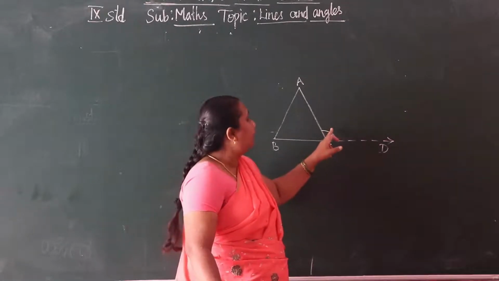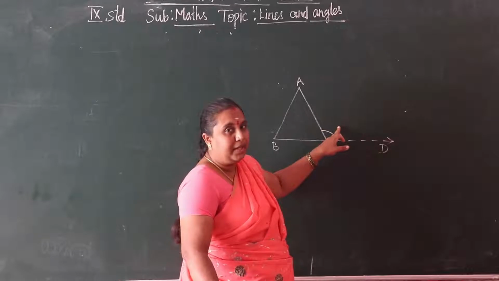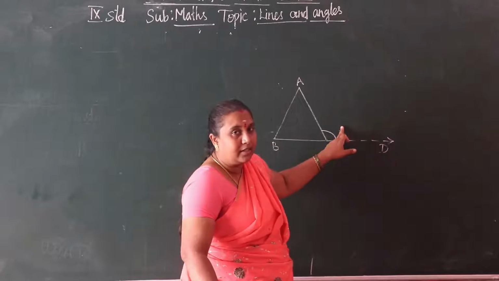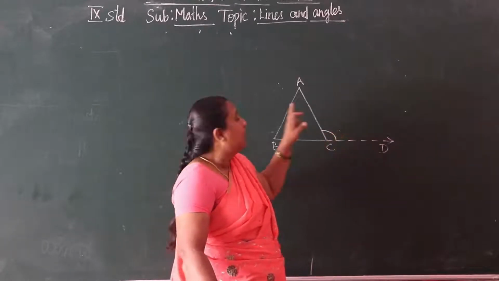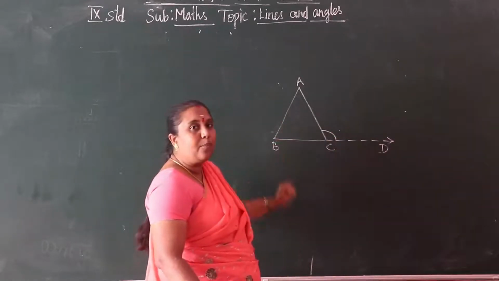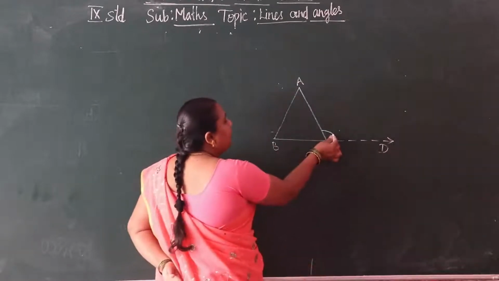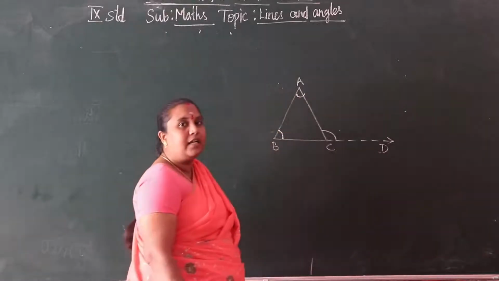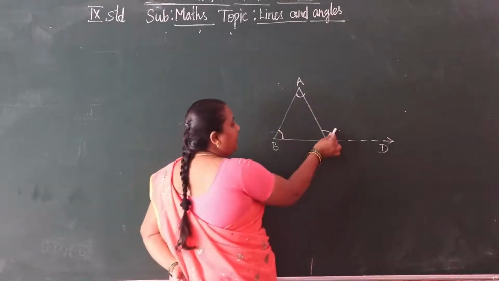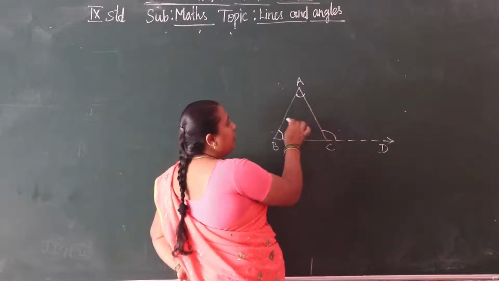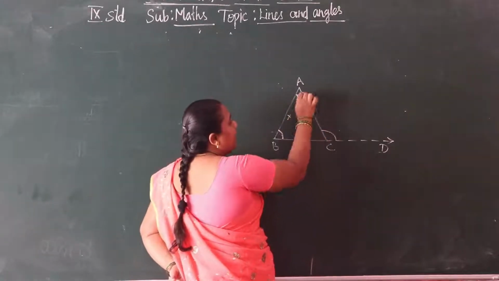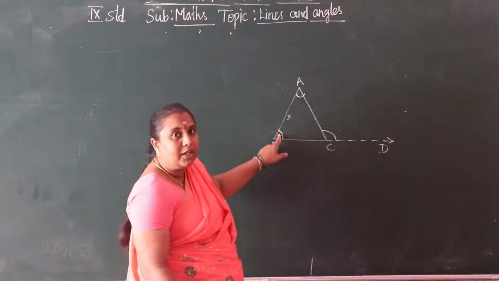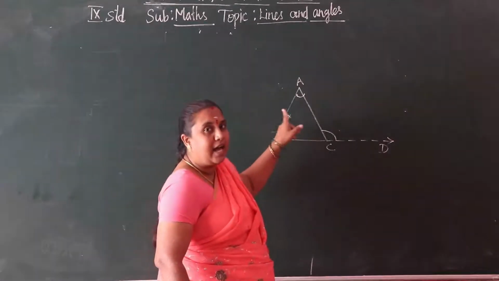Now, what is the statement of the exterior angle property? The exterior angle of your triangle is equal to the sum of the interior opposite angles. The interior opposite angles here are angle A and angle B. So the exterior angle of a triangle is equal to the sum of these two angles, the interior opposite angles.